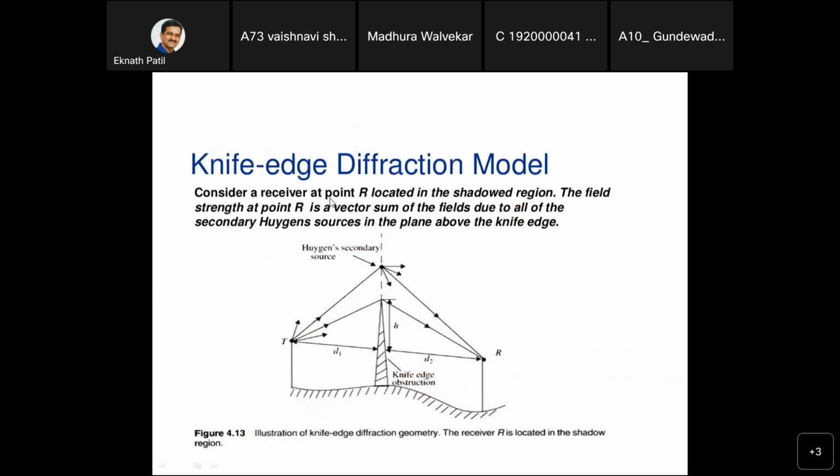Consider a receiver point R located in the shadow region. The field strength at point R is the vector sum of the fields due to all of the secondary Huygens sources in the plane above the knife edge. Okay, so the receiver is in the shadow region and the transmitter is going to transmit the signals.